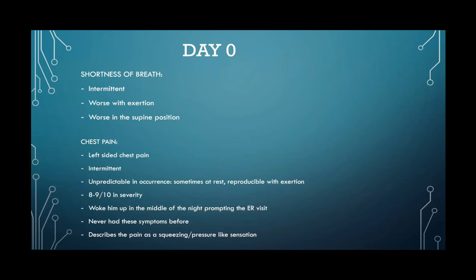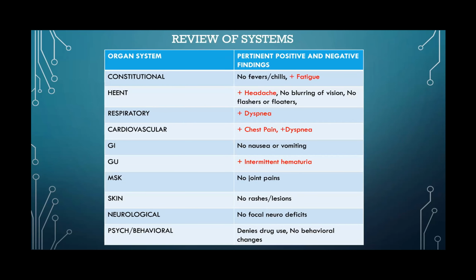So in terms of his other review of systems, these were the pertinent positive findings. Actually, I'm going to have someone read out the positive findings here. Bruno, your face is the first thing I can see, so maybe I'm going to have you read.